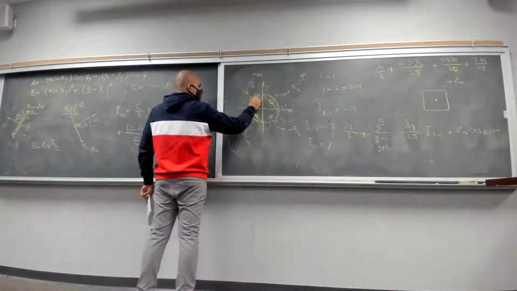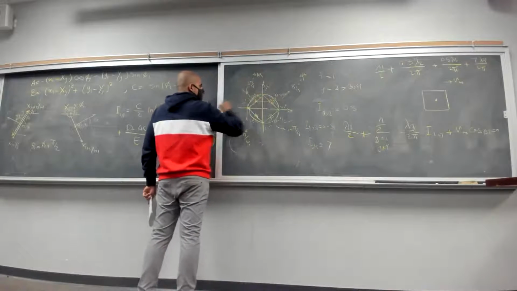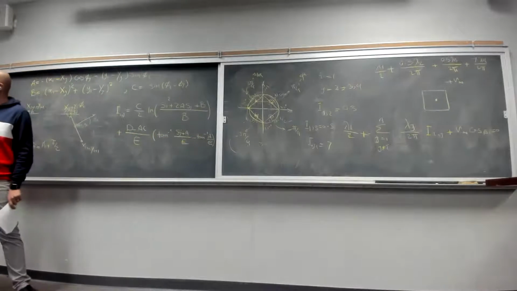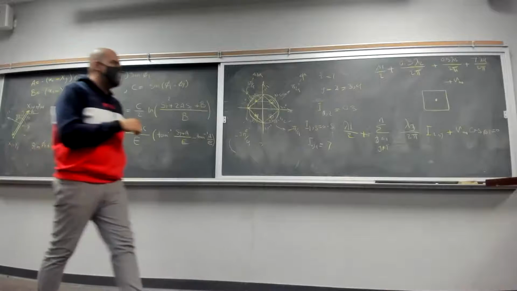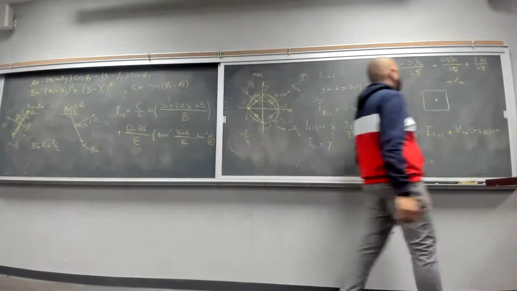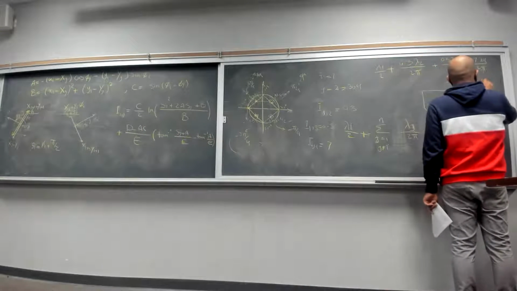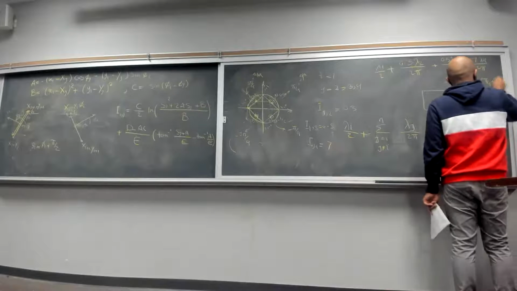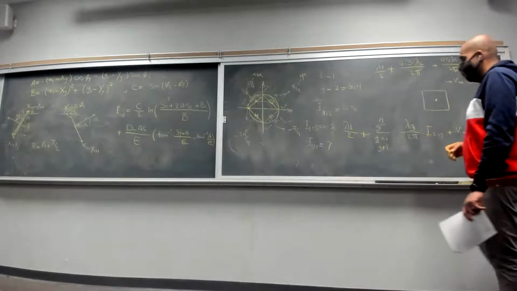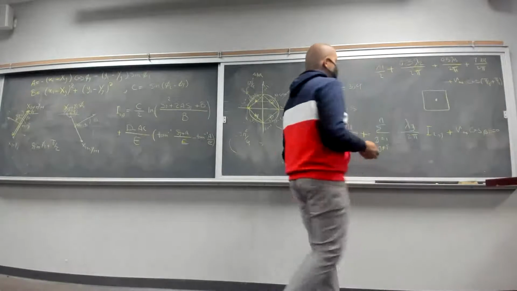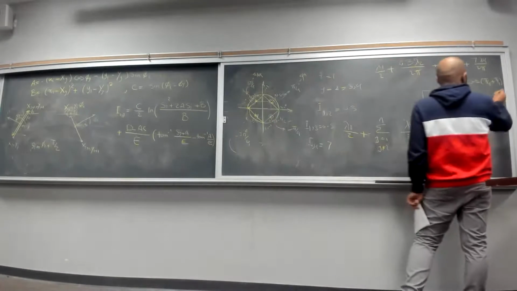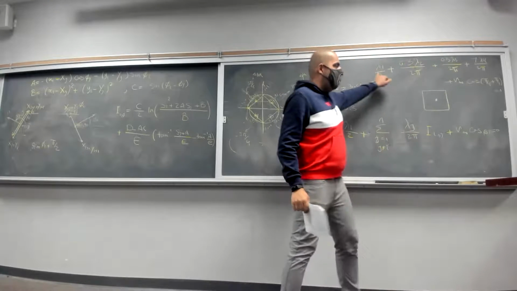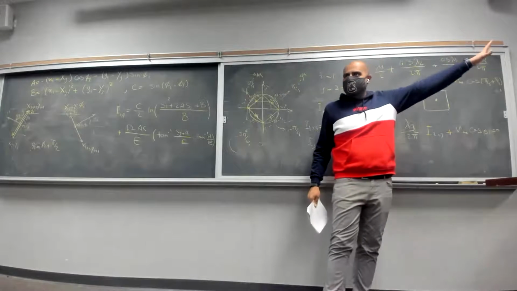We said beta 1 is pi over 4 plus 90, so cosine of pi over 4 plus pi over 2 is the value you have, and you can calculate that. This has to be equal to 0. This is your first equation with 4 unknown lambdas.